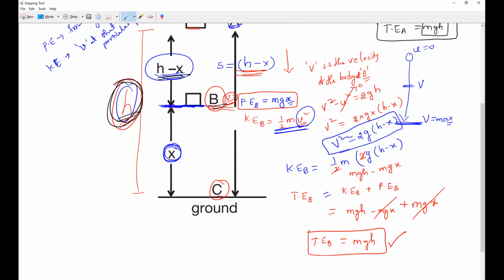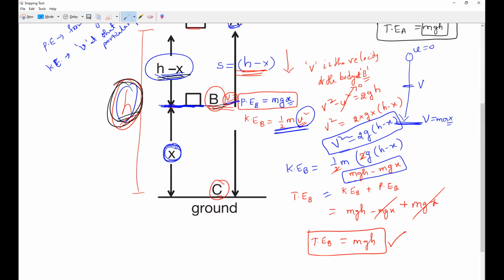At point B, the velocity I found is 2g into h minus x. Then I substituted that in the kinetic energy formula, so the kinetic energy at point B is mgh minus mgx. Clear?